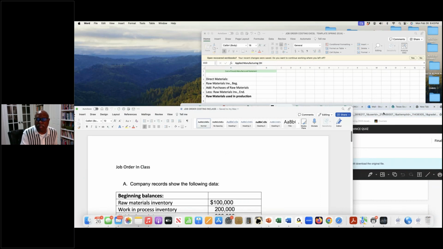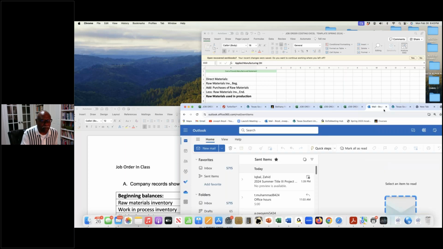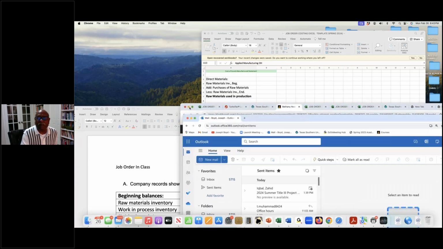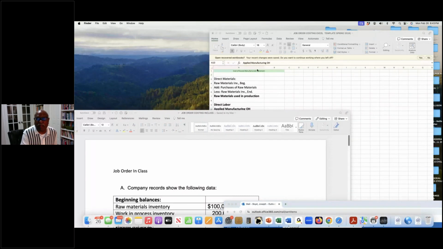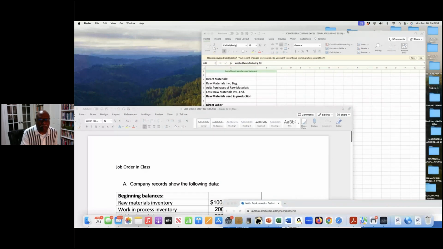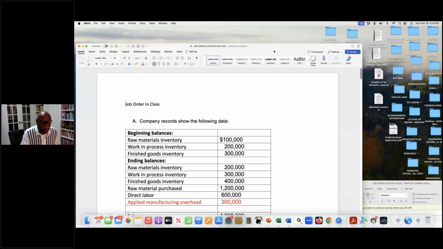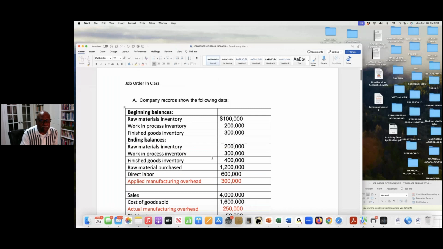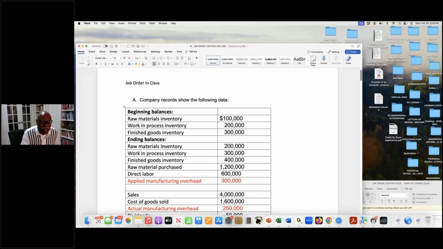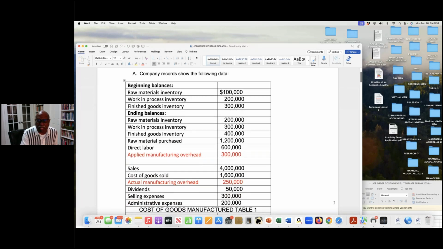So let's look at the problem that you're working on today. What I wanted to do was to start off with, let's just do the statements first, where the T accounts are already prepared, and see what they would look like.